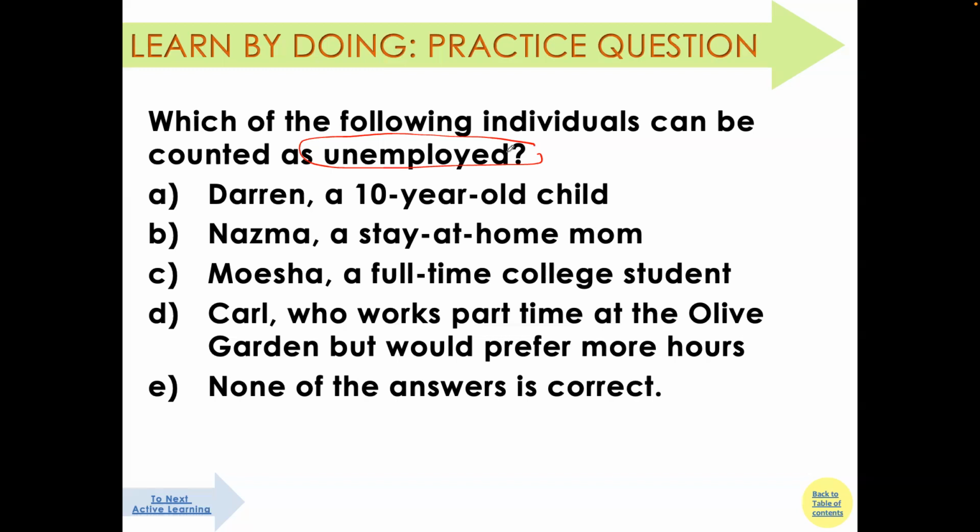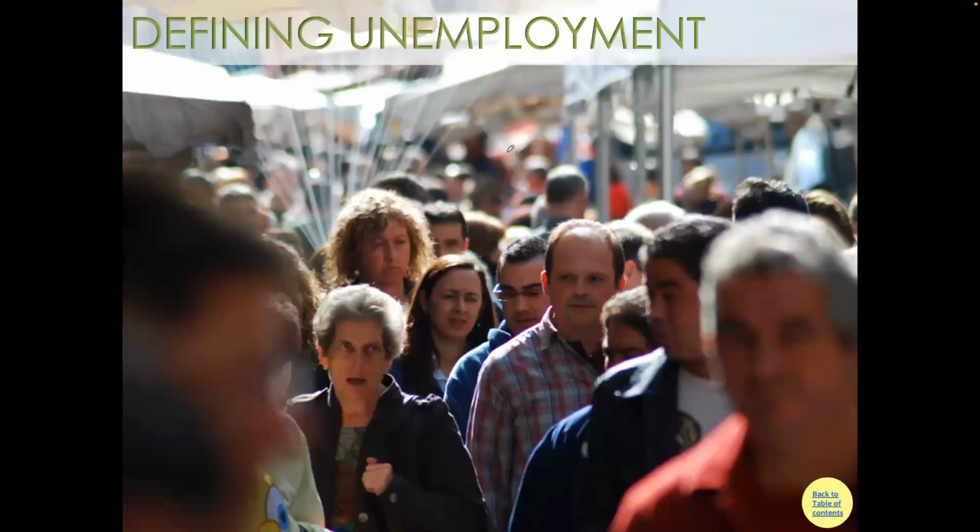Now D, Carl, who works part-time at Olive Garden, but would prefer more hours. No. What are we considering him as? Underemployed, right? So he has a job. It's just not desirable. So the answer is E. Okay. Very good.